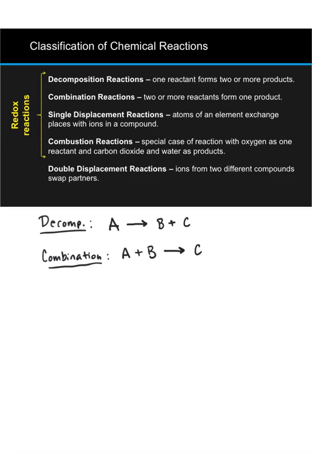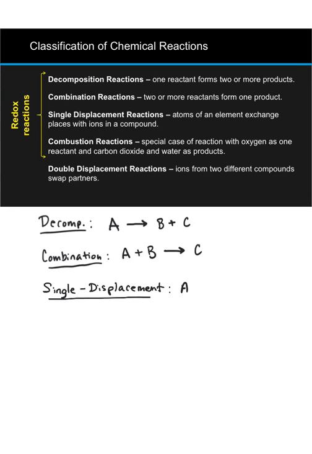In a single displacement reaction, atoms of a single element swap places with an ion in a compound. In a single displacement reaction, we have one standalone substance take the place of a substance that's already in a compound.